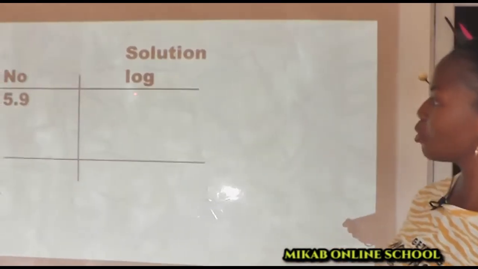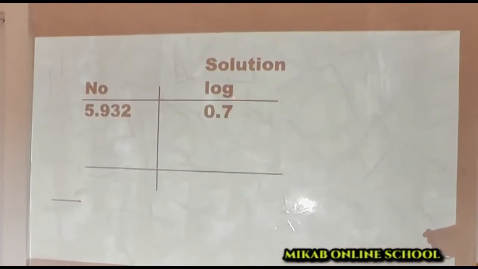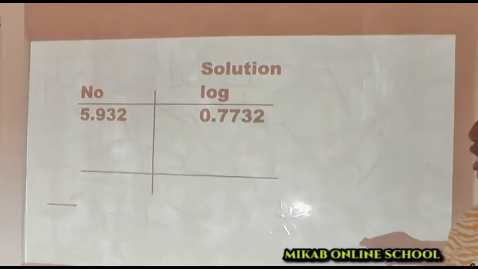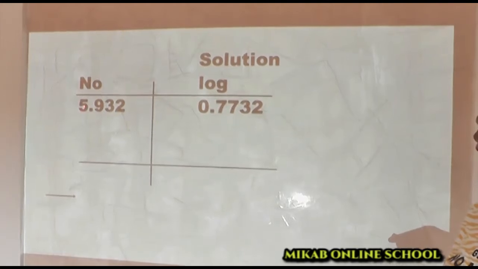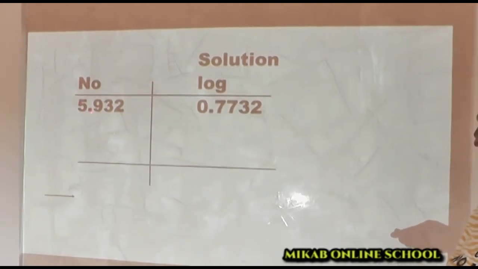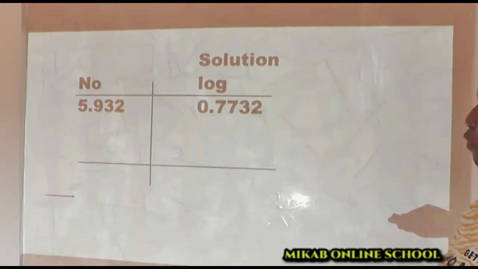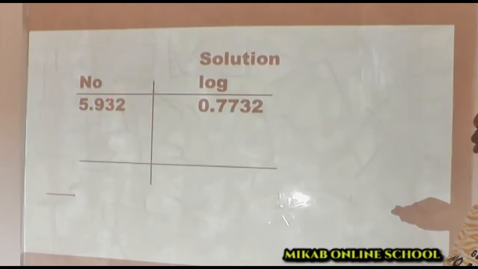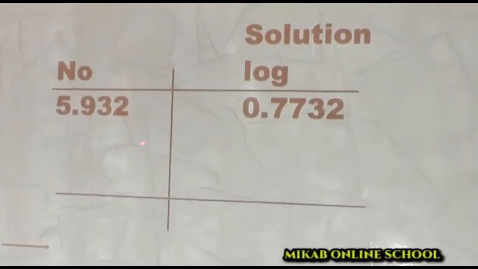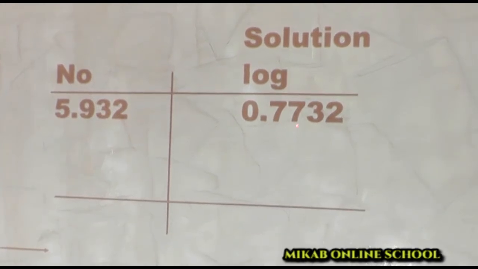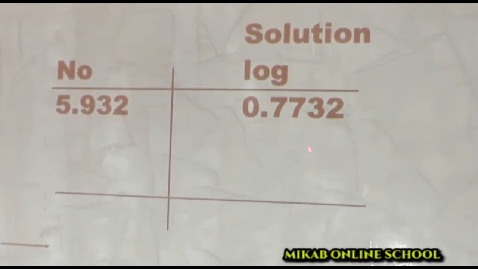In the table, this is how it's usually arranged, where you have the numbers here and the logarithm here. So the first number we have from the example is 5.932. If we check for 59 under 3 from our 4-figure logarithm table and the difference of 2, we're going to have 0.7732.